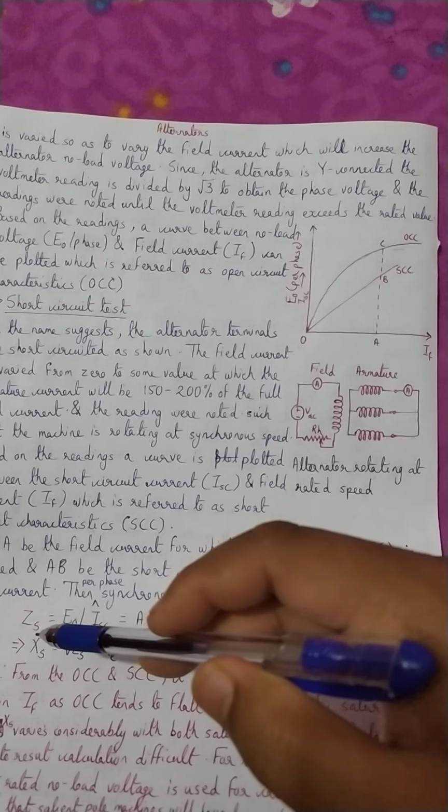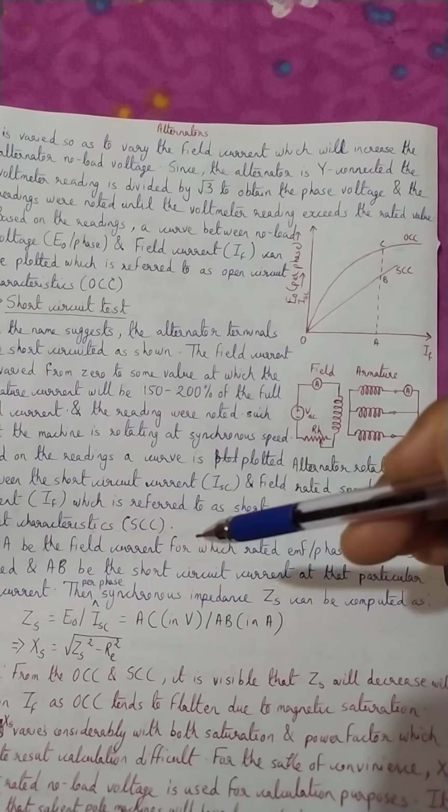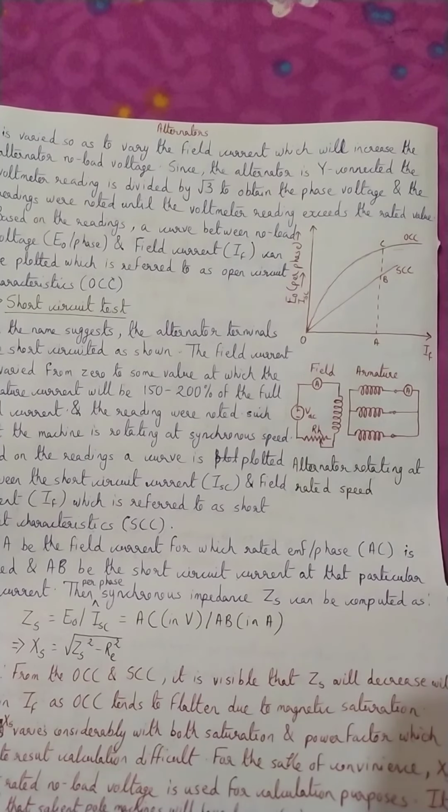Now once ZS is known, and we had already found RE, the effective resistance, we can compute the value of XS. So this is the way we find the OCC and SCC of a particular alternator, from which we find the value of ZS and XS of that machine under no load condition. Why am I maintaining this under no load condition? Because if you change the load, XS may vary.